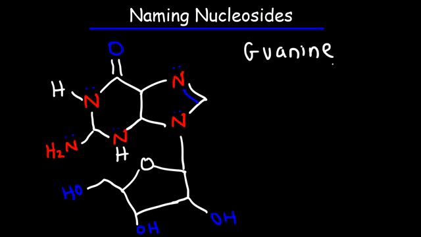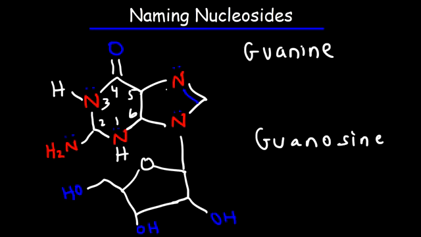Now what does it become once we add a sugar to it? Guanine plus the ribose sugar becomes the nucleoside guanosine. And so that's what we have here. This is position 1, 2, 3, 4, 5, 6, 7, 8, 9.